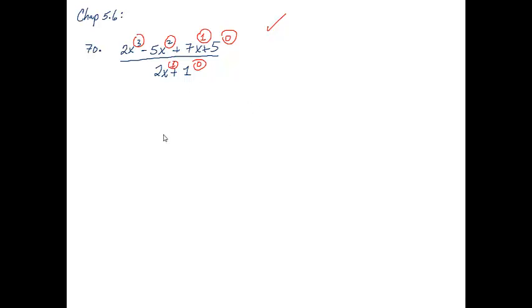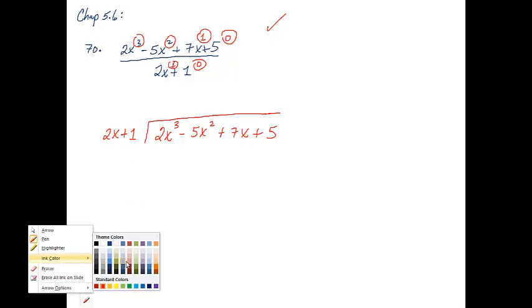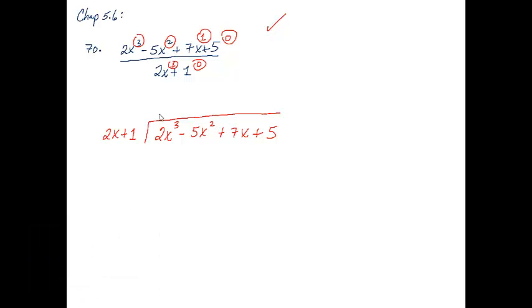So now what we do is put the dividend inside the divide sign and the divisor on the outside. Okay, so now let's begin. The next thing says take the first terms, so 2x to the third power divided by 2x.